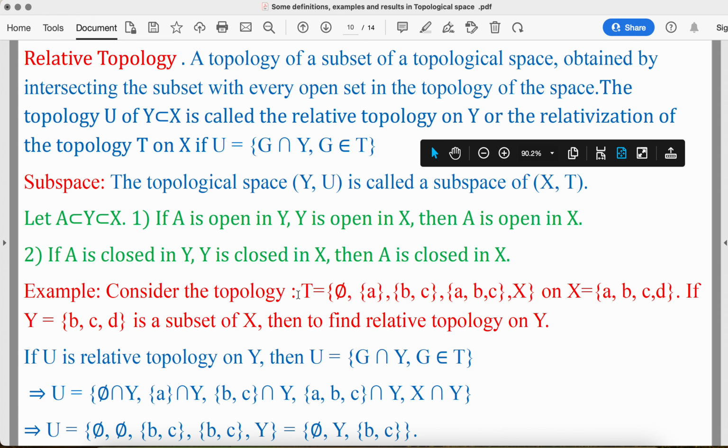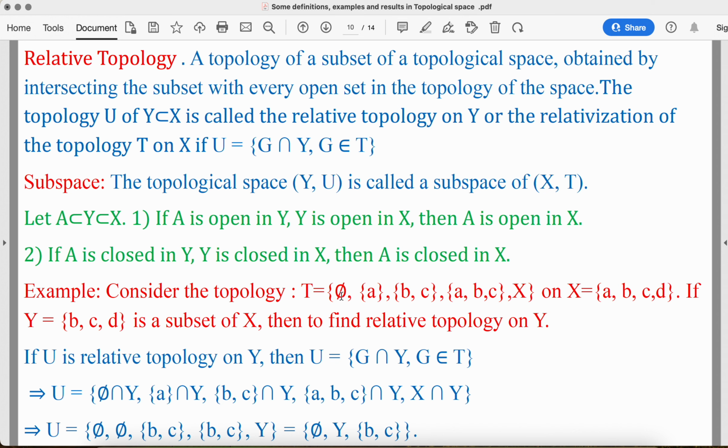For example, consider the topology T consisting of the empty set phi, the singleton set A, the set BC, the set ABC and X, on a set X equal to ABCD consisting of 4 elements.